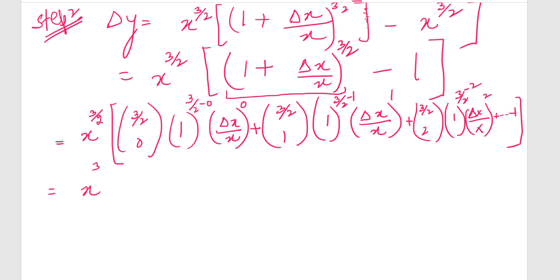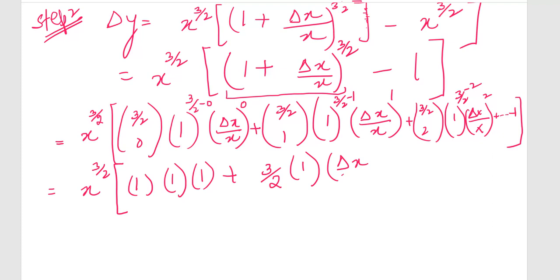So it will be 3 over 2, and nC0 is equal to 1, right? 1 power 3 by 2, the power of 1 also 0, and here is 0, so it is 0, plus this will be n divided by 1 factorial, so it will be 3 over 2, and no need to write 1 factorial. This will be again equal to 1, and here we have Δx over x plus nC2.